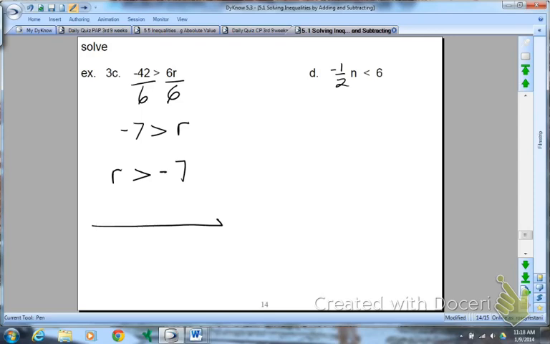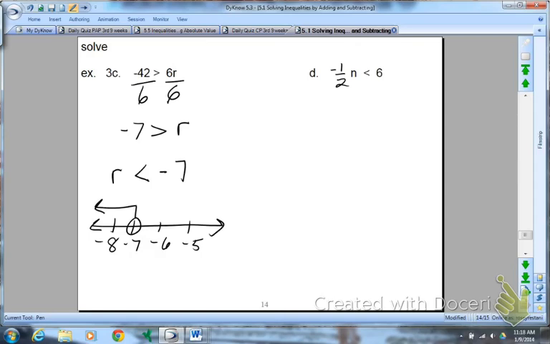And if I asked you to graph it, I have to flip it around. The inequality is pointing to r. So then it's going to be an open circle at negative 7, and it goes to the left.